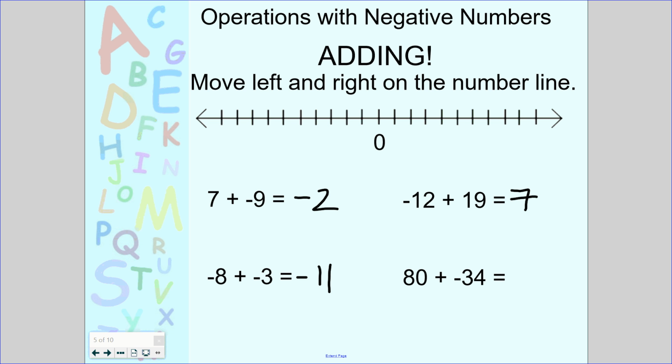Positive or negative? Positive 46. Good. Is that a good way to think about it? Yeah, so a positive plus a positive is always going to be positive. A negative plus a negative is always going to be negative. And then if you have a positive and a negative, it could go either way, depending on which number is bigger.